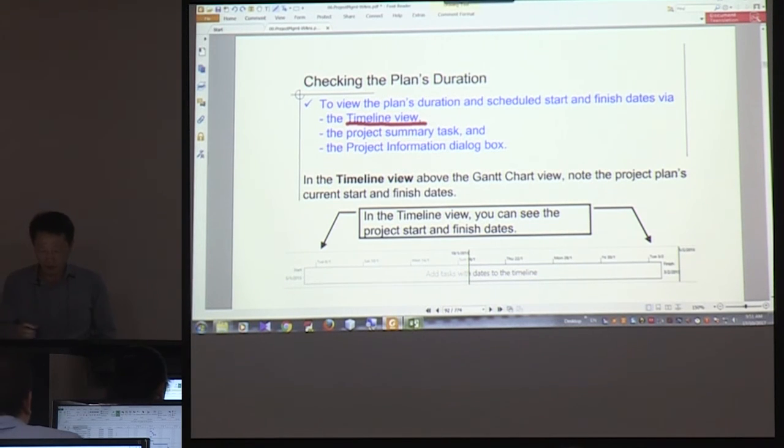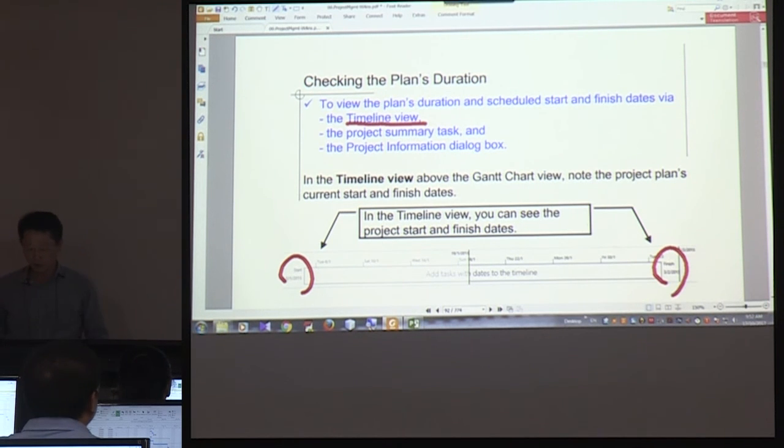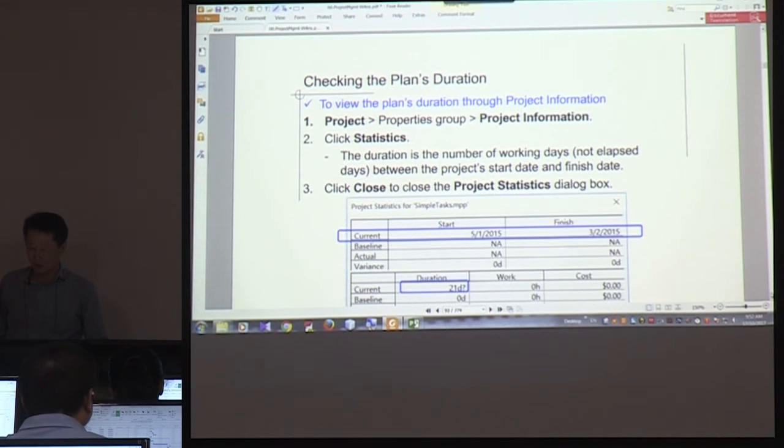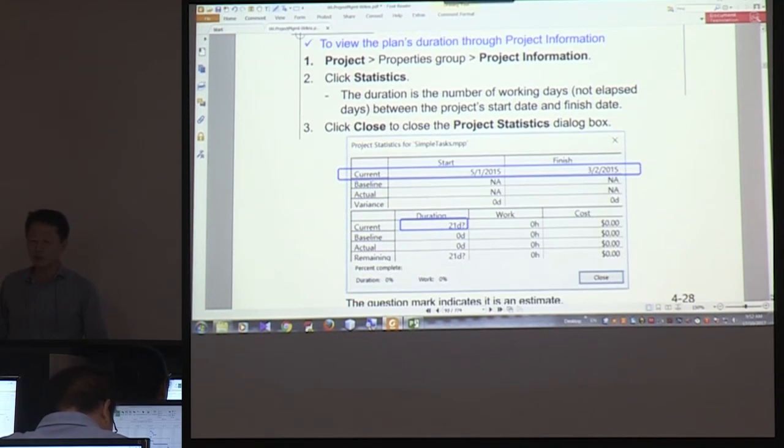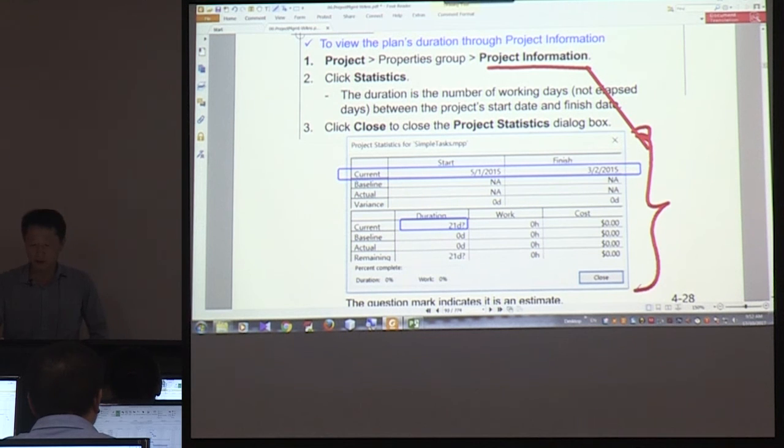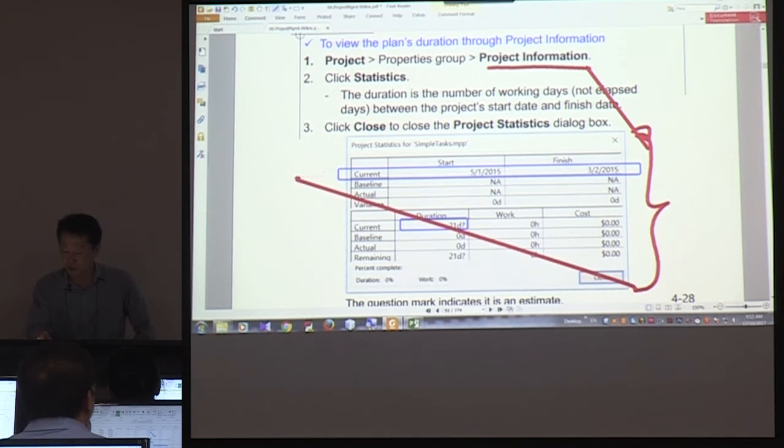Okay, so this is a start date and end date. The second way of finding the start date and end date is using the project information dialog box. You click project information, then this box will open, and it will show start date and finish date.